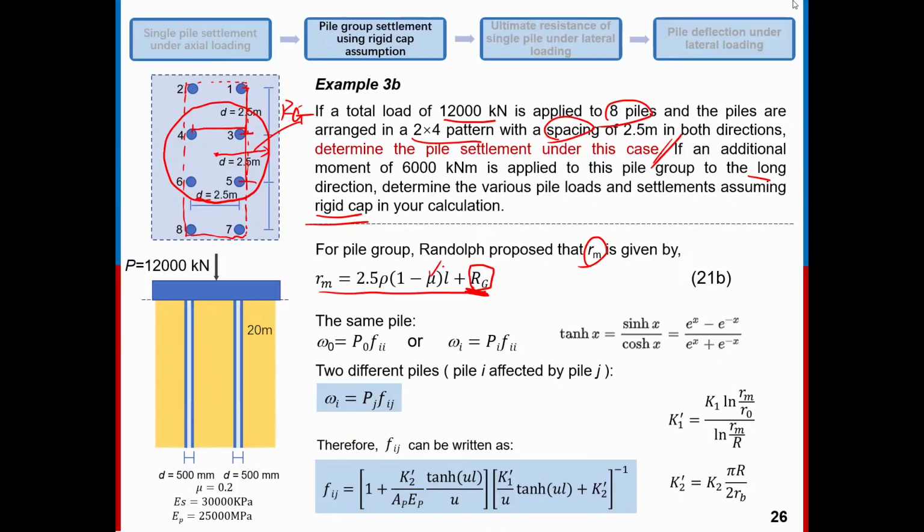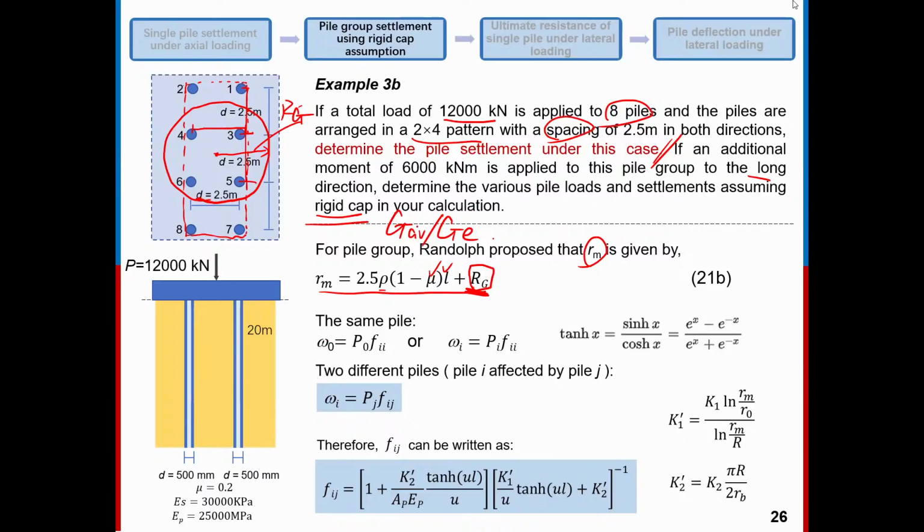Here, nu is the Poisson ratio, L is the embedded length of the pile, and this rho is equal to GAV divided by GE, the average shear modulus of the soil along the depth divided by the shear modulus of the soil at the pile end, right?